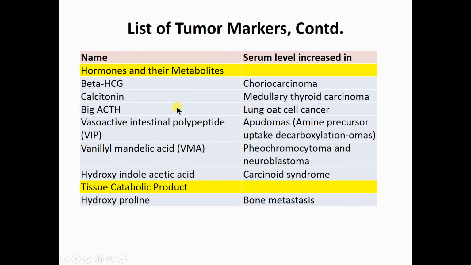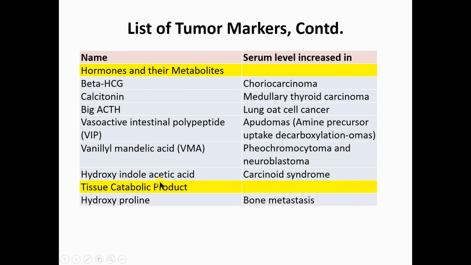Then ACTH in lung oat cell carcinoma, VIP, vasoactive intestinal polypeptide in VIPoma, that is amine precursor uptake and decarboxylation tumor. Then vanillylmandelic acid in pheochromocytoma and neuroblastoma, that we have discussed under tyrosine metabolism.